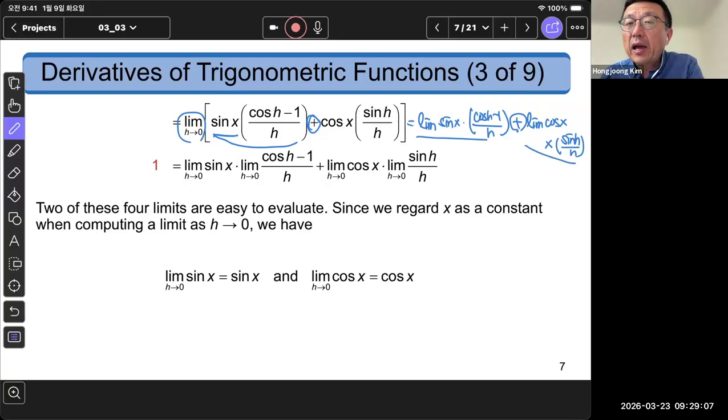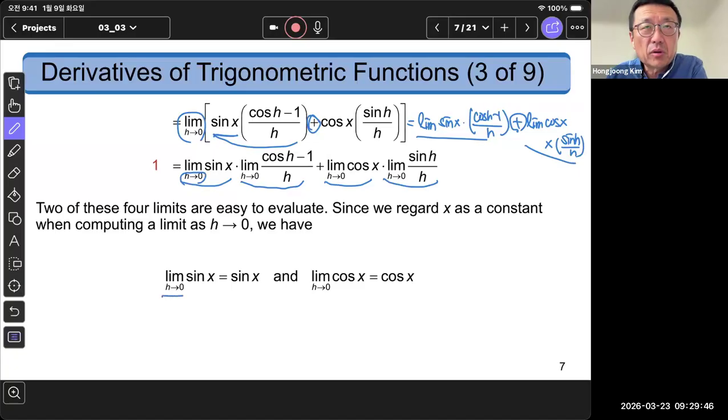Now in the first term, I have the product of two functions, so the first term can be split as the product of two limits in h. And in the second term, we can also split this as a product of two limits in h. As I said, I'm decreasing the value of h, but x is a constant value. So when h decreases to 0, the value of sine x or cosine x does not change.